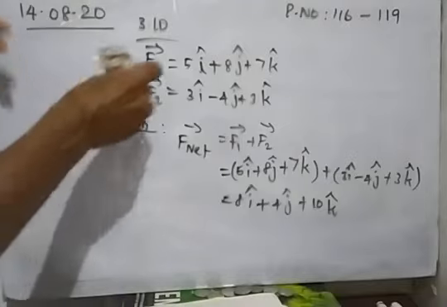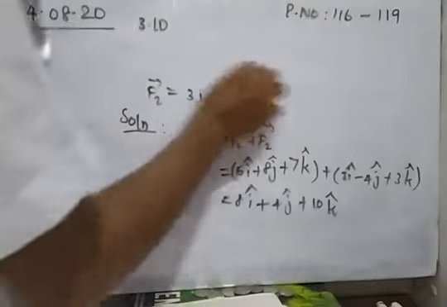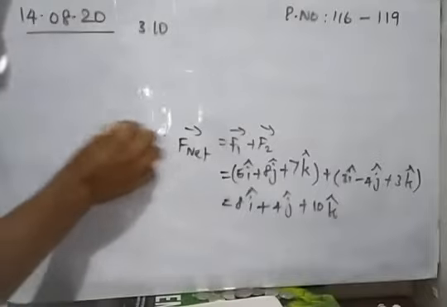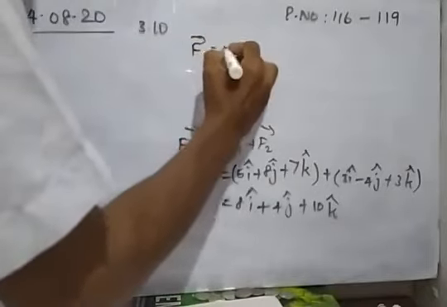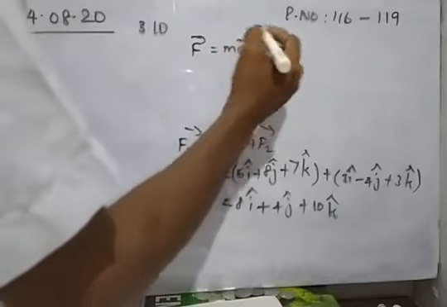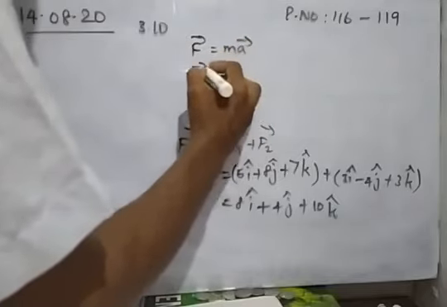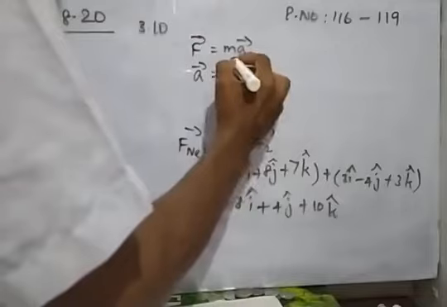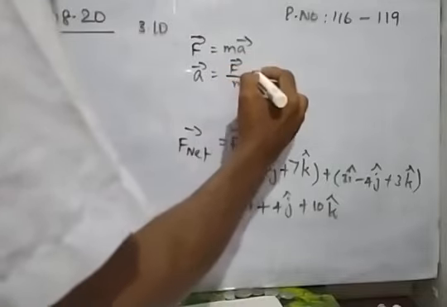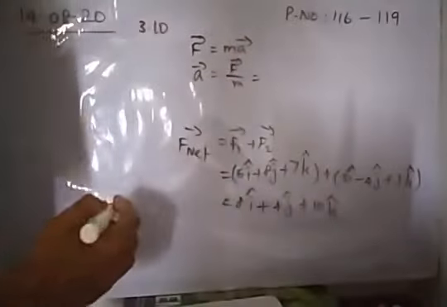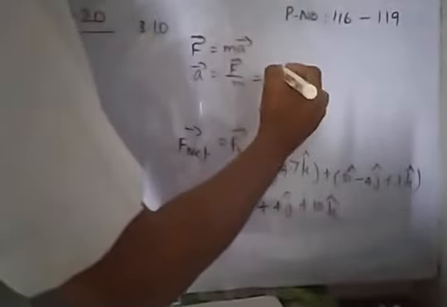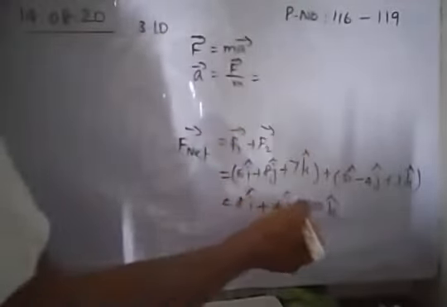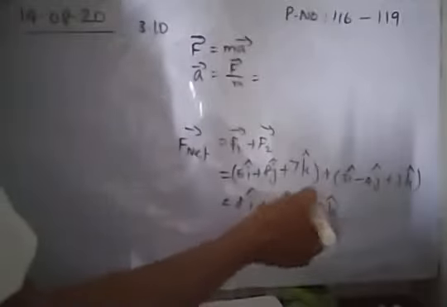According to Newton's second law, the F vector is equal to mass into acceleration vector. Therefore, the acceleration vector is equal to the force vector divided by mass. If we divide by mass, every component is divided by 2.